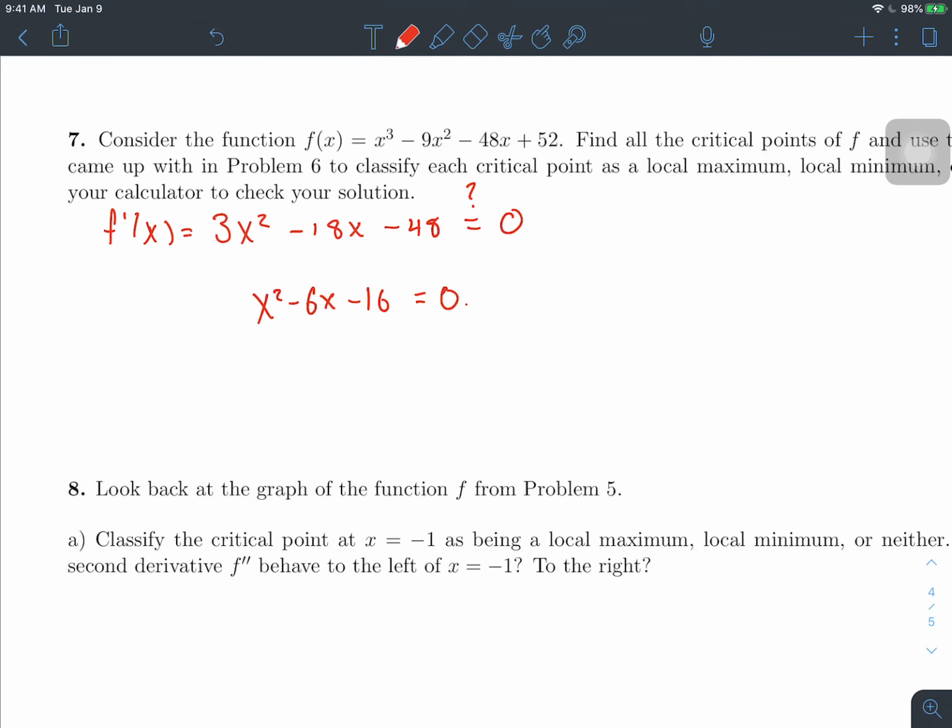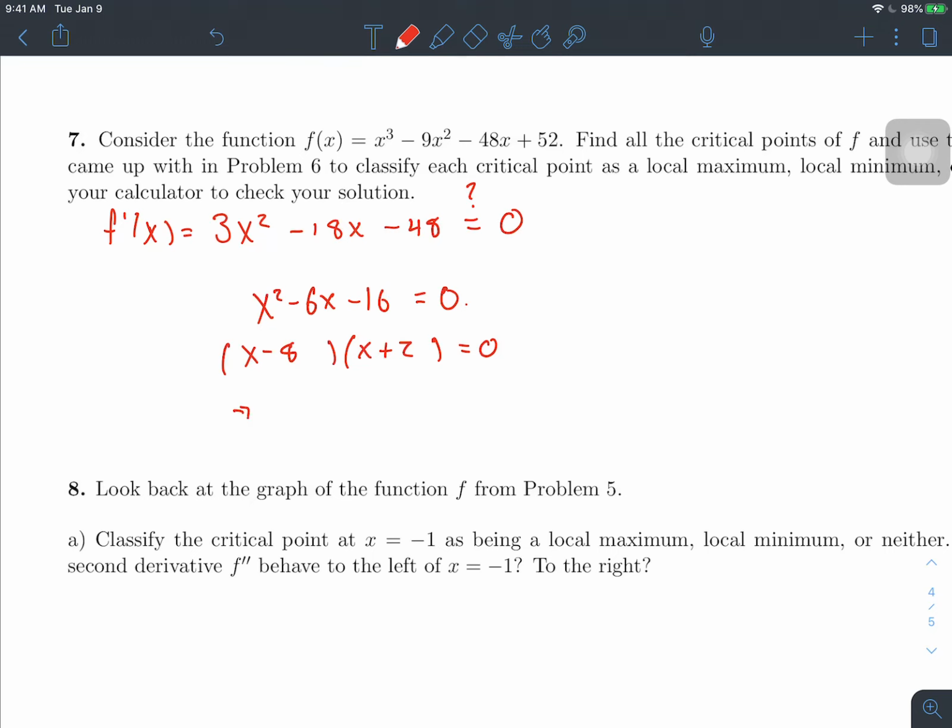And I could solve this using the quadratic formula, or I can factor. Does anybody know how this factors? Yeah? Very good. x minus 8 and x plus 2. If we FOIL this out, we'll get x squared minus 6x minus 16.